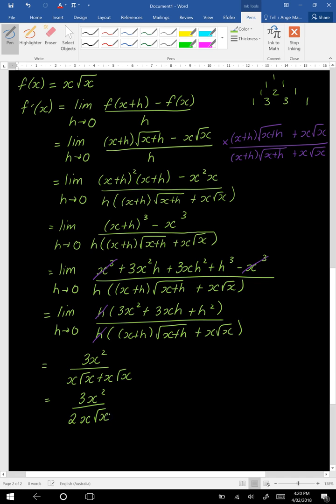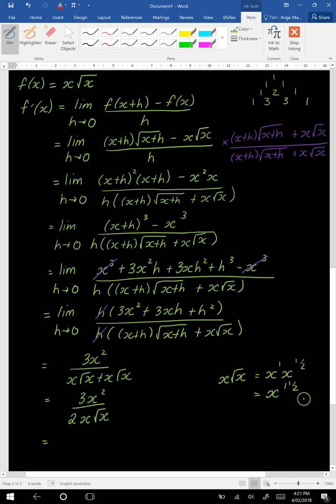And this is where you now have to remind yourself a little bit about your exponential rules, because x root x, that's basically x to the 1 times x to the half, and when I'm timesing by the same base I add the powers, so this becomes x to the 1.5, and therefore I'm left with x squared divided by x to the 1.5, and when I'm dividing by the same base I take the powers.